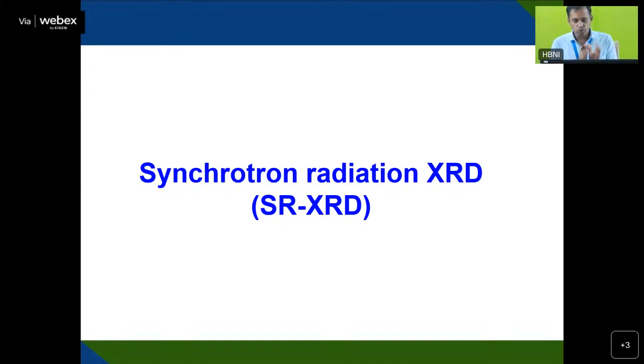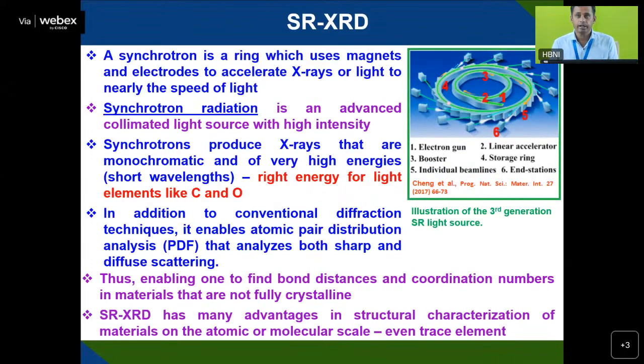So here the source is mainly thermionic emission, but if you use synchrotron radiation, high energy synchrotron XRD, the radiation source is highly intense, and because of that you can get more information than the normal conventional XRD.